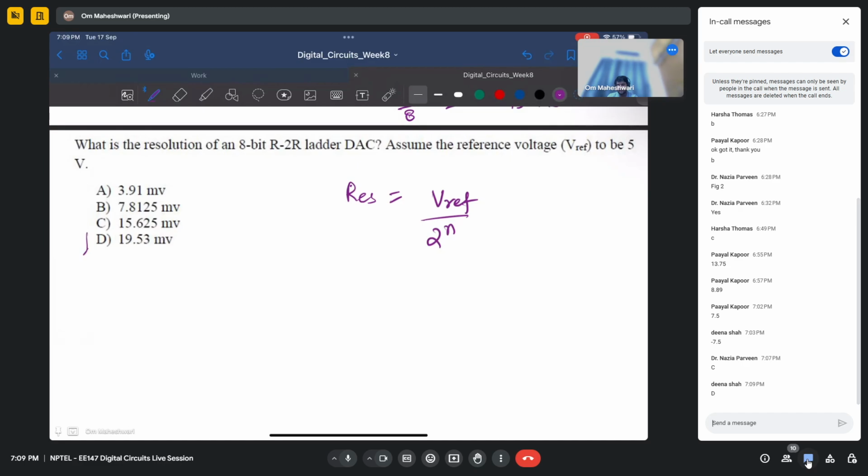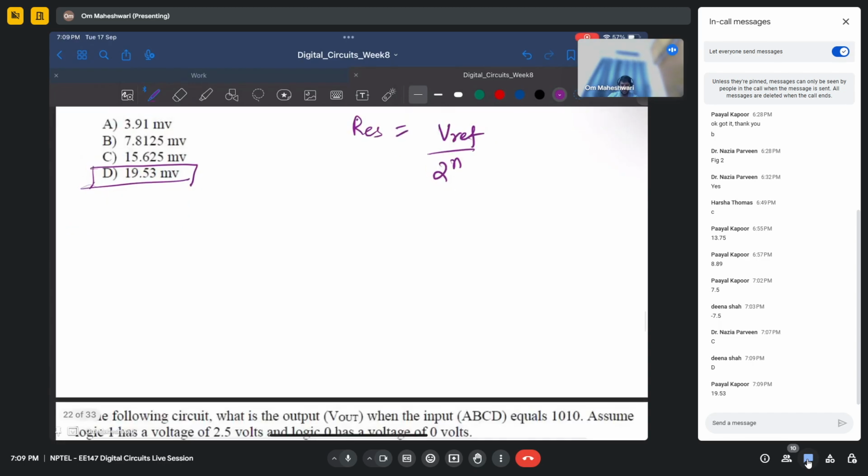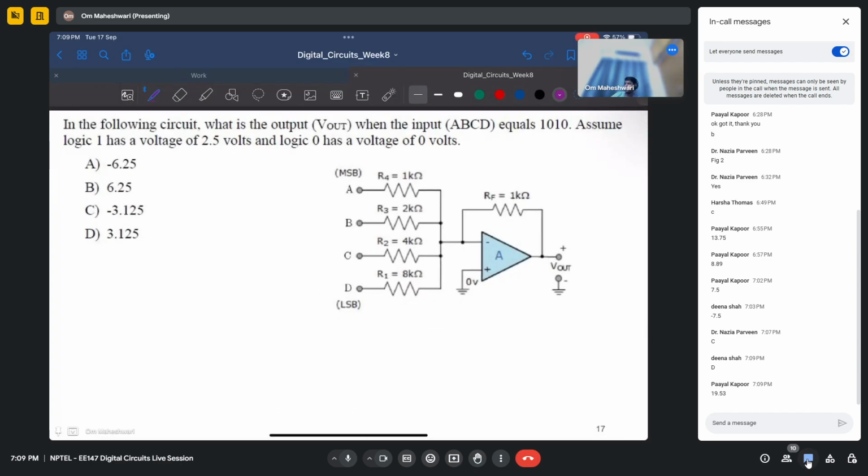Option D is correct. Right. So I'm going a bit quickly because I want to cover maximum number of questions. These ones are pretty simple. Okay.